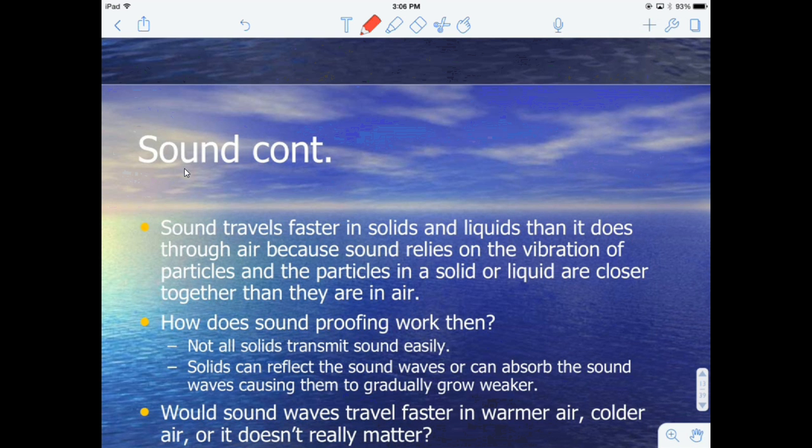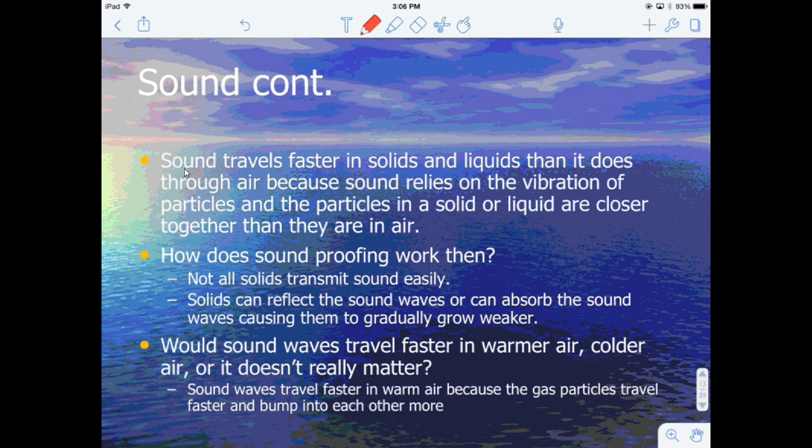In air it doesn't really travel that fast, because air molecules are more spread out, and so by the time energy gets passed from one air molecule and collides with another and then another, it actually takes a long time for sound to travel through the air. But in a solid and a liquid, the particles are packed pretty tight together.